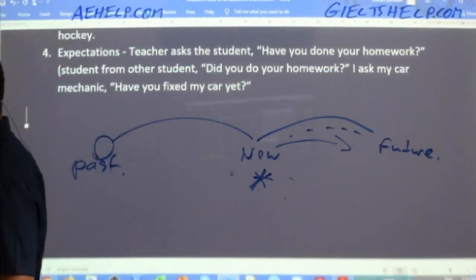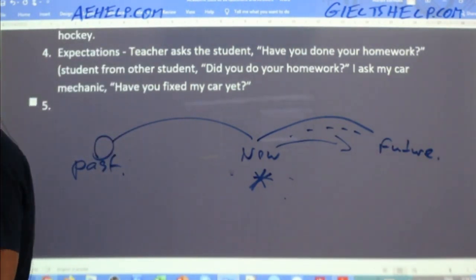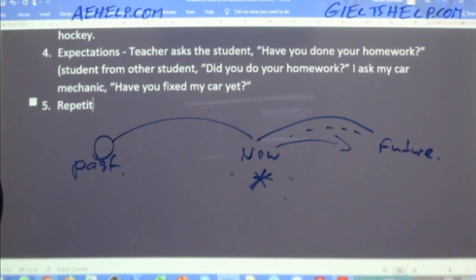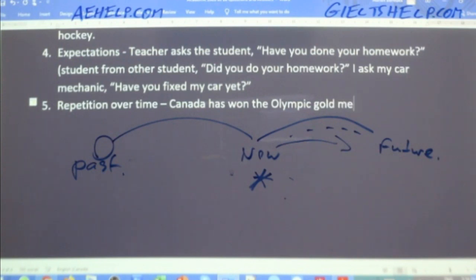And I see that a lot of you got the fifth reason, which is repetition over time. So, for example, Canada has won the Olympic gold medal in hockey 5 times.